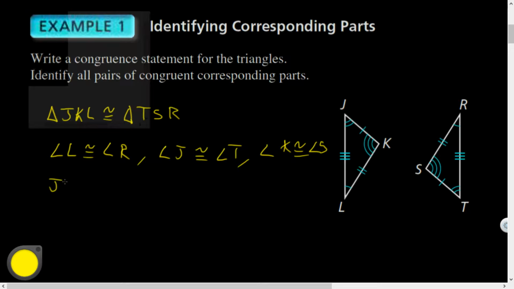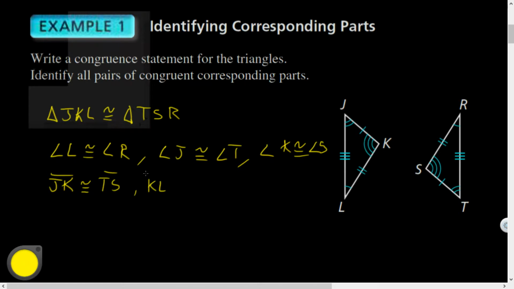And now watch this. Also for sides, JK, the segment, is congruent. JK was the first 2 letters, so it's going to be congruent to the first 2 letters there. This just makes so much sense. Thank you, mathematicians, for making the sense.